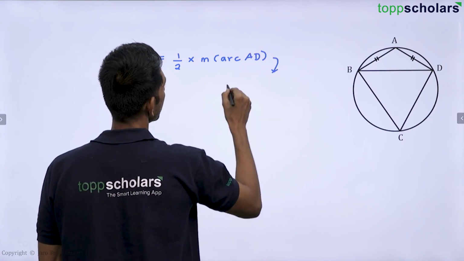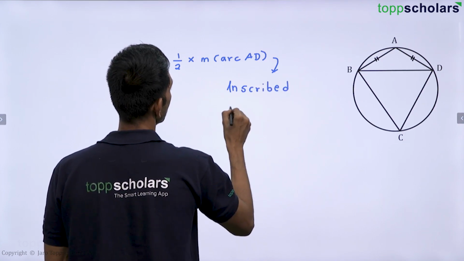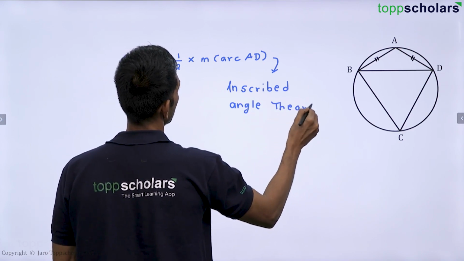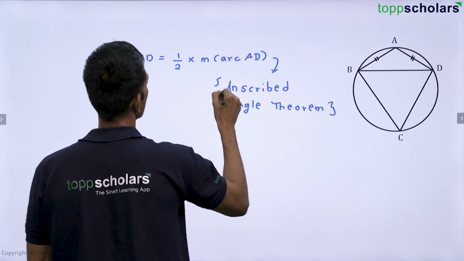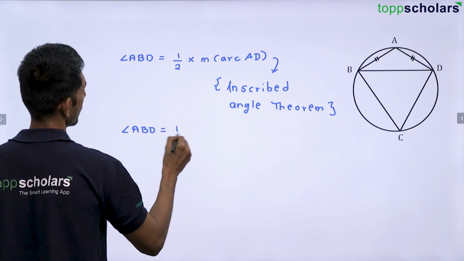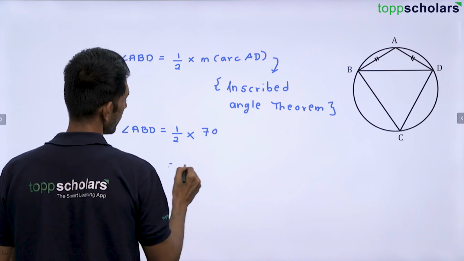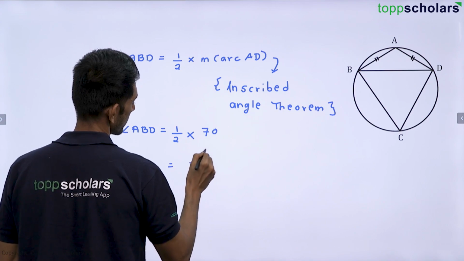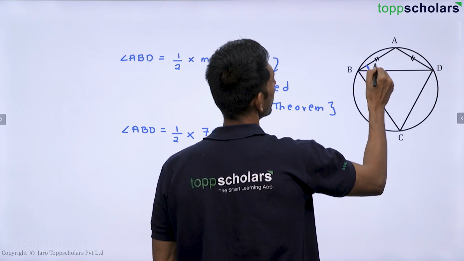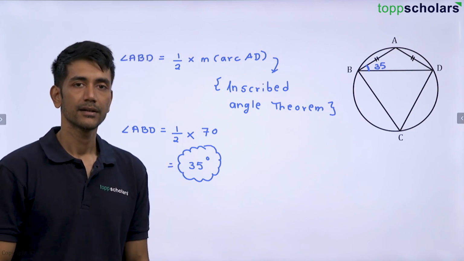What is the reason? The reason is inscribed angle theorem. So angle ABD is half of 70. Half of 70 is how much? 35 degrees. So can I say this angle over here will be 35 degrees? Easy, clear, simple.